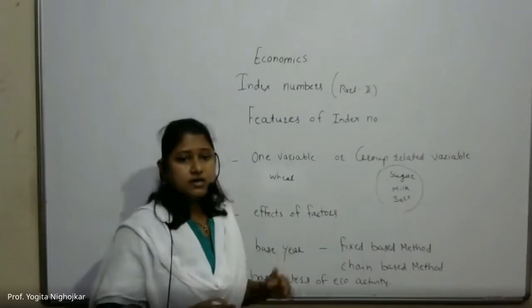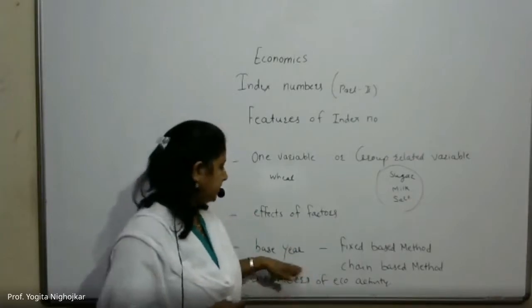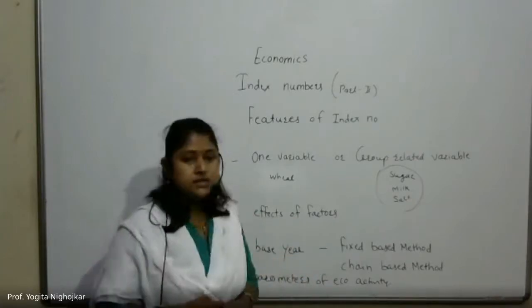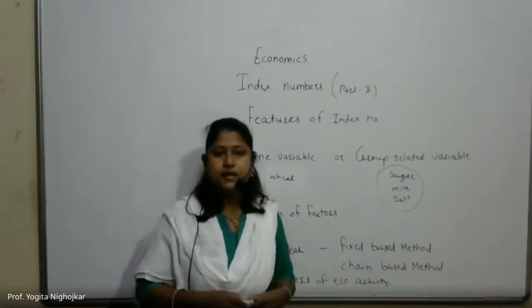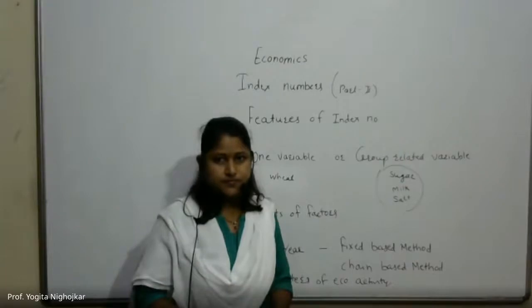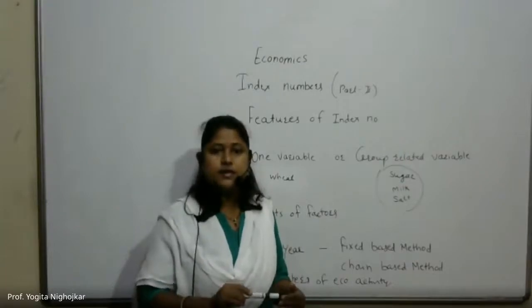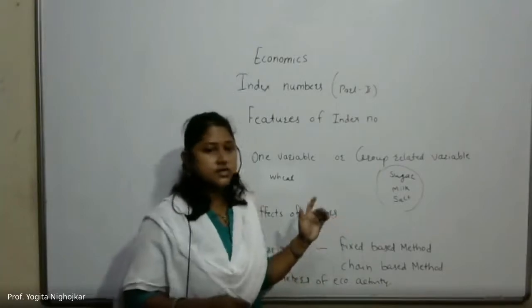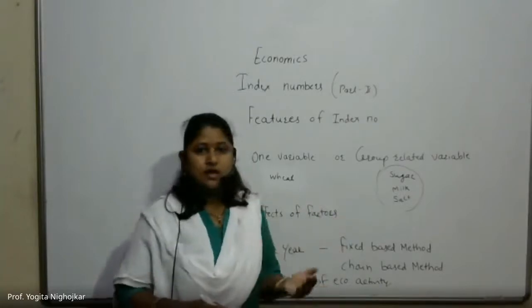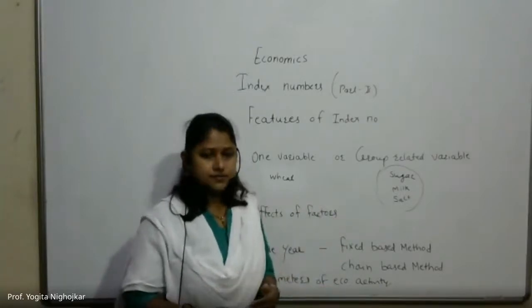We study here a base year. The year for which the index number is prepared is the current year. The year with which the changes are measured is called the base year.